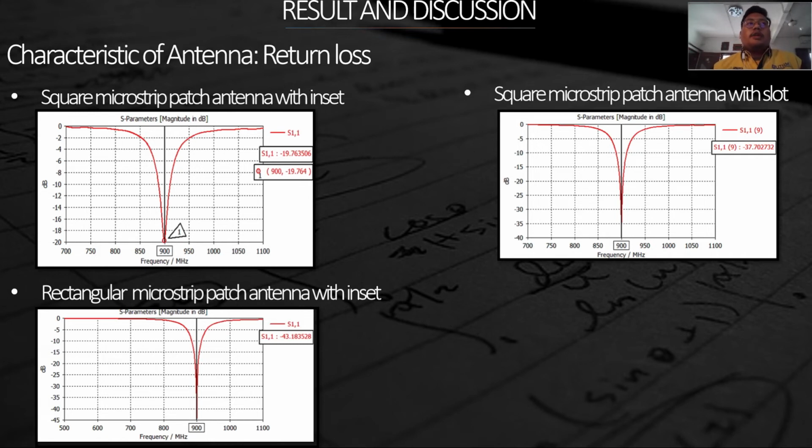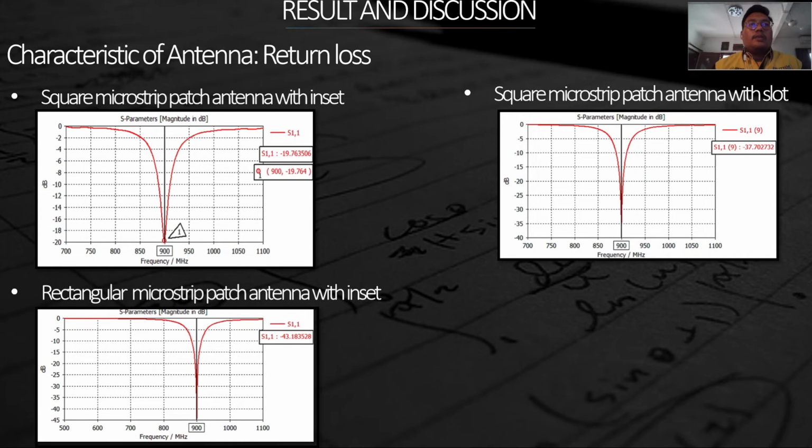In this part we talk about the characteristics of each antenna, starting with the return loss. Each antenna has a return loss below negative 10. For the square microstrip patch antenna, the S11 is negative 19.763 dB at 900 megahertz.